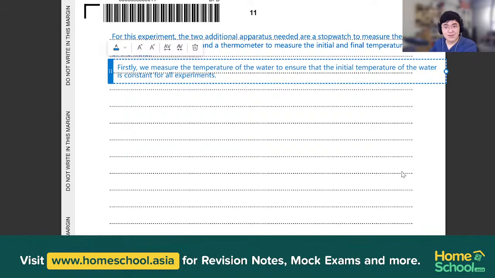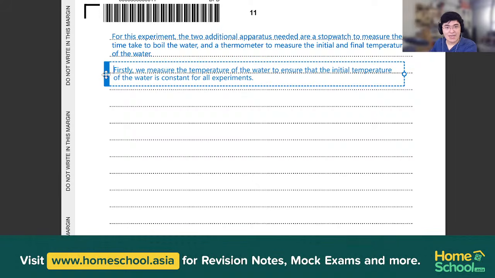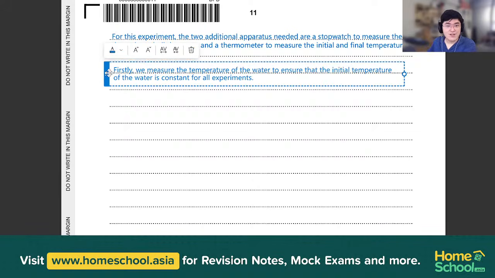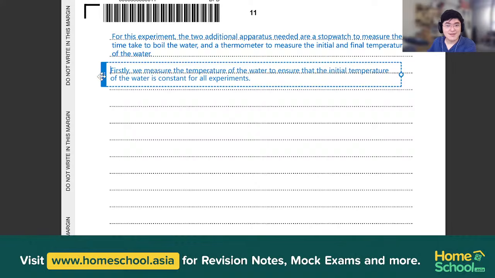So we make sure that the initial temperature of water, which is also one of the variables, is constant. So the first thing we need to be constant is the initial temperature of water.